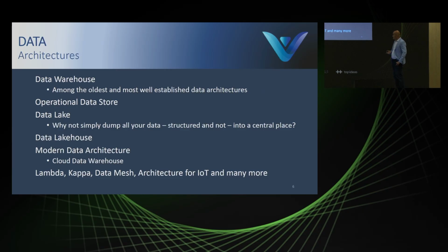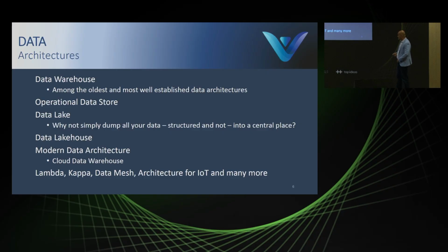So, some architectures. Historically, you're probably aware, data warehouse is a very much ever-present and popular architecture. Then data lake appeared in the time of big data, where we dumped all the data in the same place, but not much integrated.